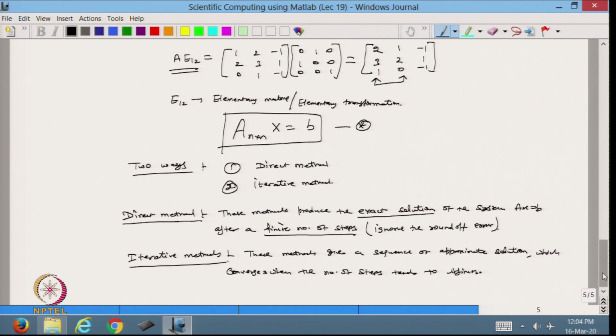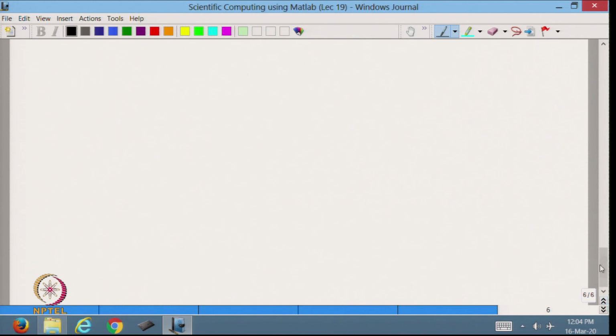So, in the iterative methods we have a sequence of approximate solutions, and that sequence converges when the number of steps tends to infinity. At every iteration the approximate solution becomes more accurate, and only when the number of steps tends to infinity will you get the exact solution. So, that is called the iterative methods.